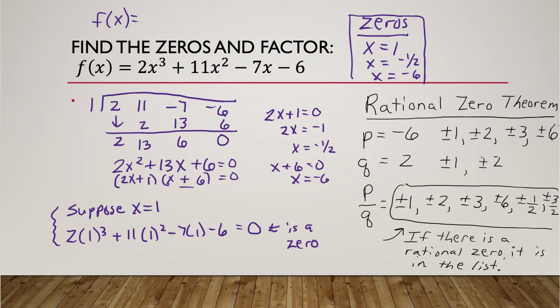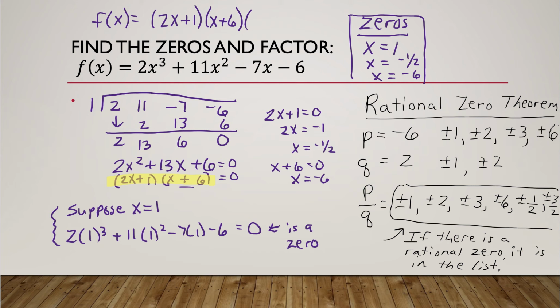I can come back down here and get 2 of the factors. So I have 2x plus 1. I have x plus 6. And then the third factor is going to line up with the 0 of the 1.